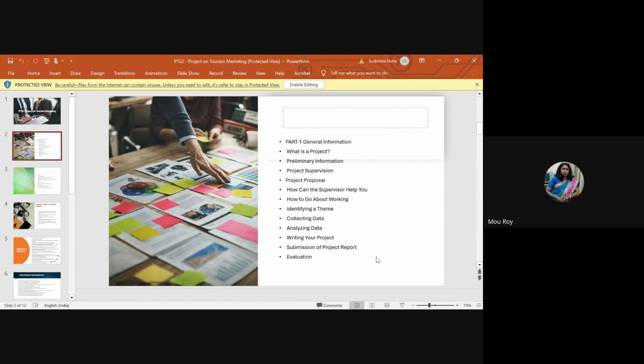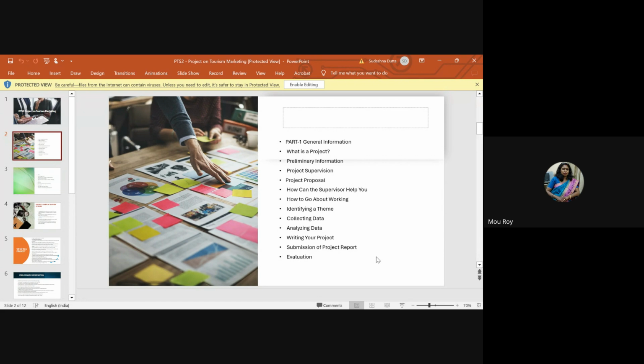So you can select a topic. Once you select a topic, you should have the minimum information available with you, so that as per the information you can go ahead with your work.